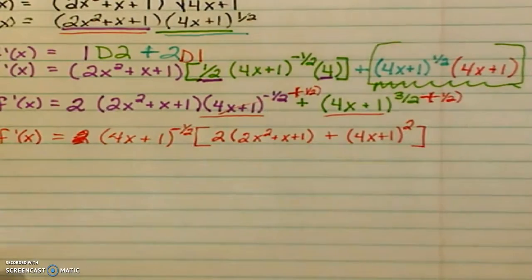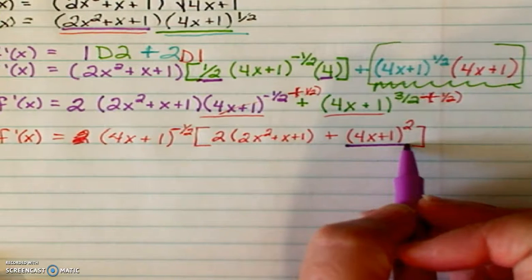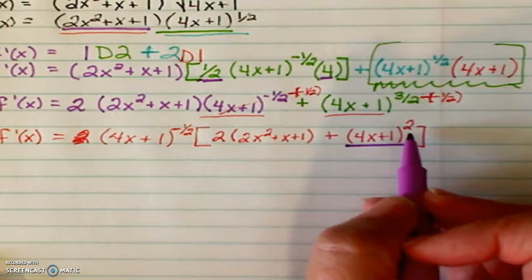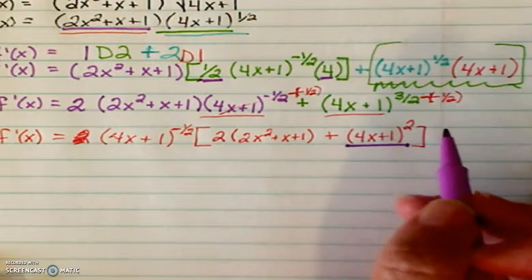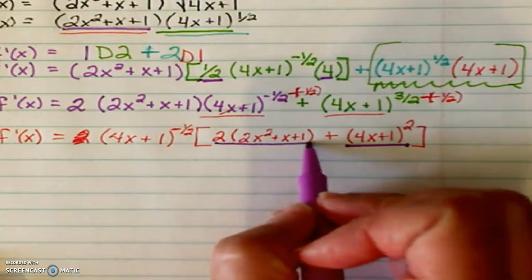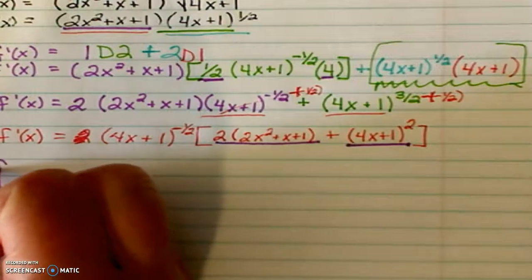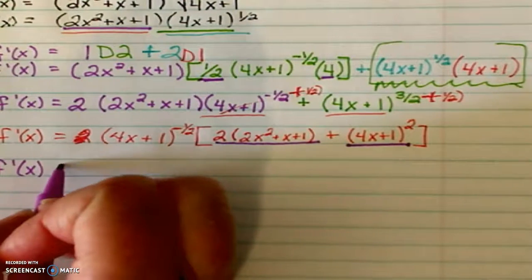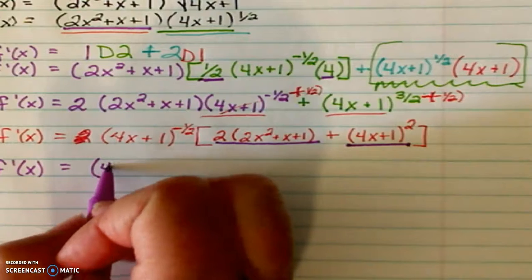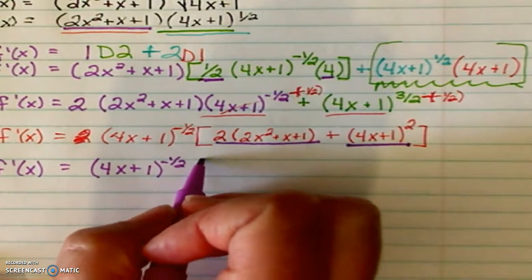Now we are going to have to expand this out using the FOIL method, or taking a binomial times itself, and we want to use the distributive property with this term. So the derivative is going to be the quantity 4x plus 1 to the negative 1/2.